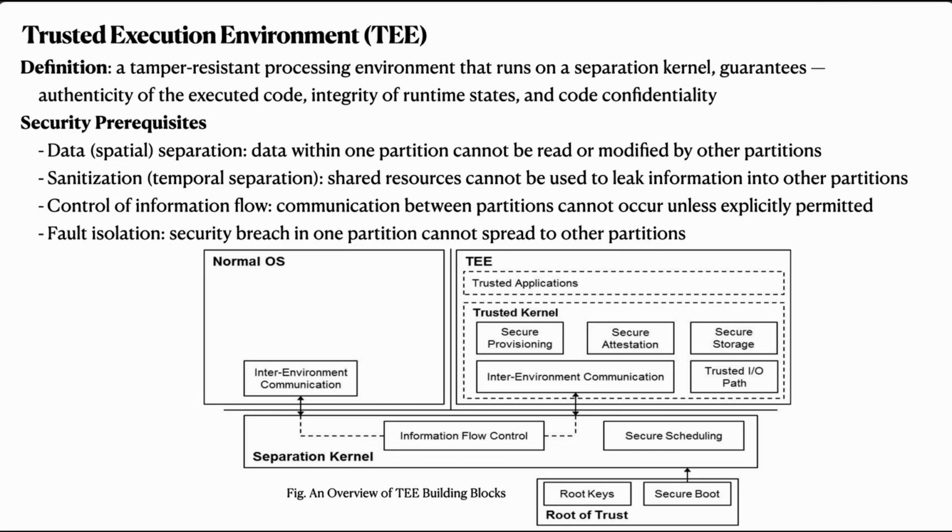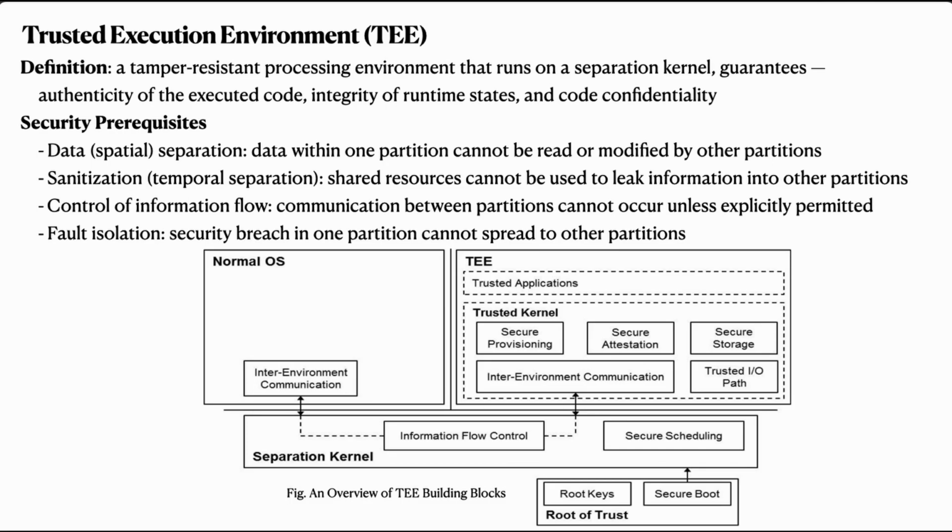First is data separation. Data within one partition cannot be read or modified by other partitions. Also, it has sanitization. Its shared resources cannot be used to leak information into other partitions.